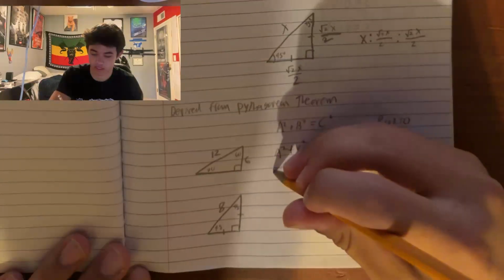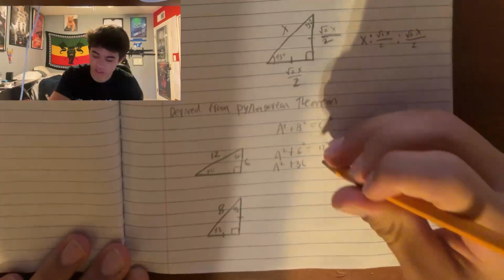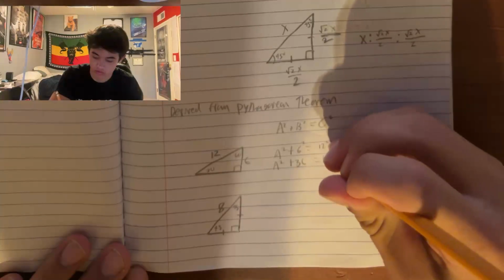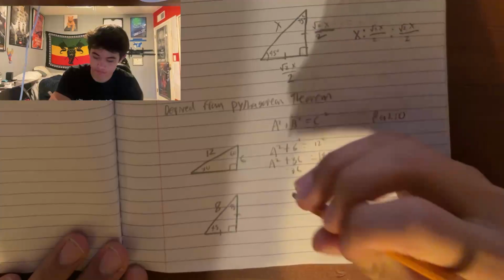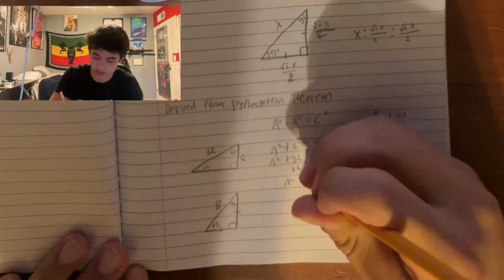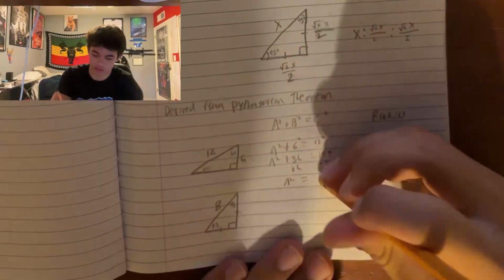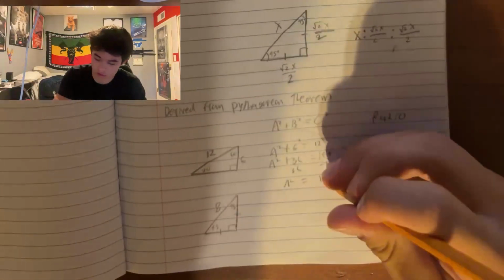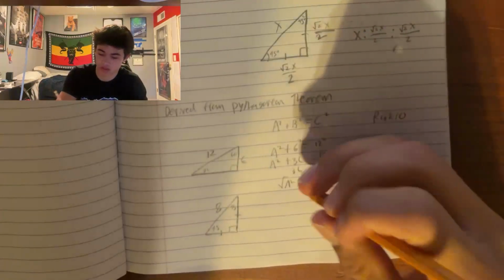So then we can turn that into a squared plus 36 is equal to 144. Subtract 36. So now we've got a squared is equal to 108, I believe. Now we can square root.